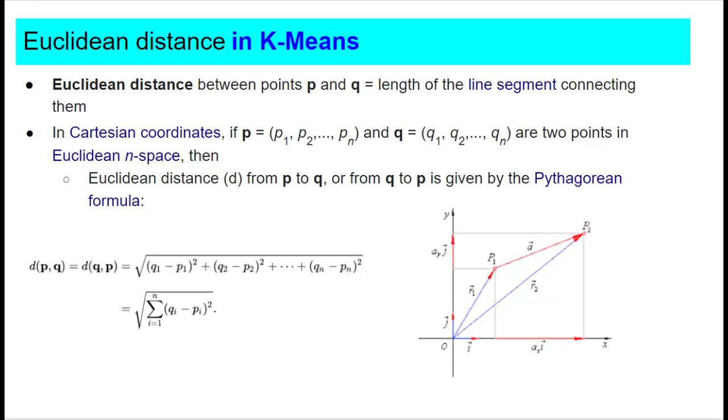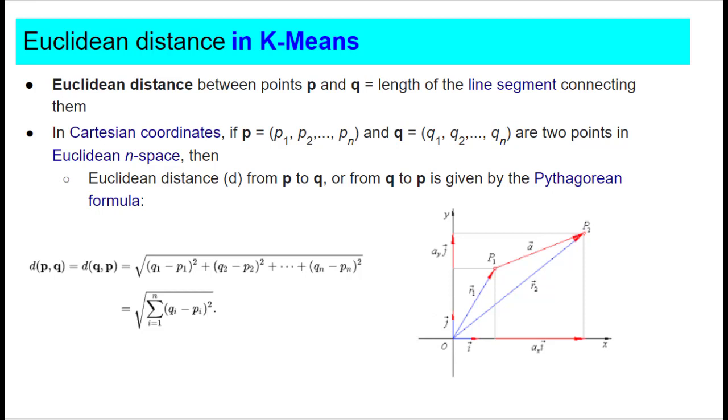Just take the square of the subtraction of the points, P1 and Q1, P2 and Q2, P3 and Q3, and go on until the end.